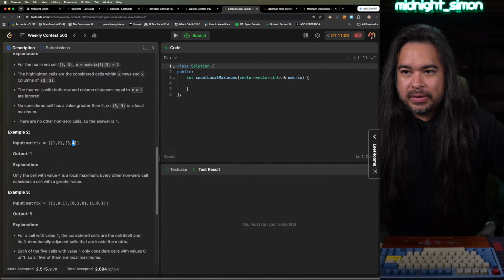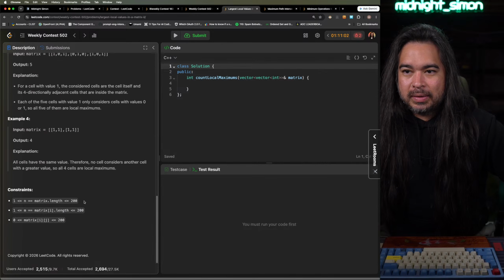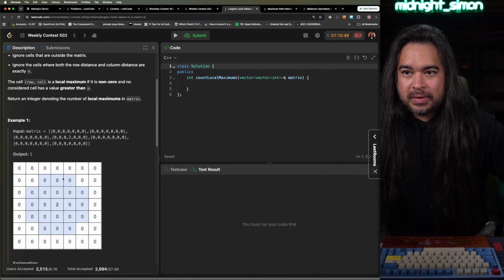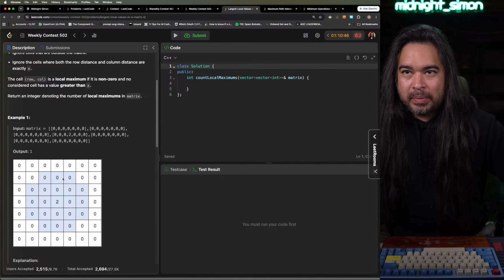Only this one is a local maximum. So there's 200 by 200, and the numbers are up to 200. How do I know which ones are local mins or maxes, man?